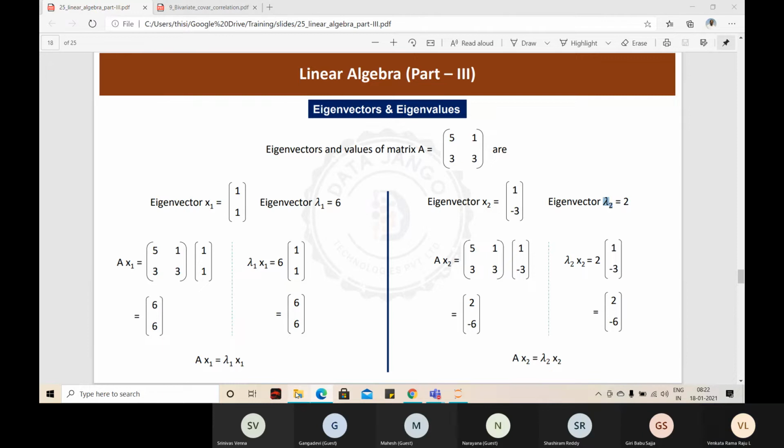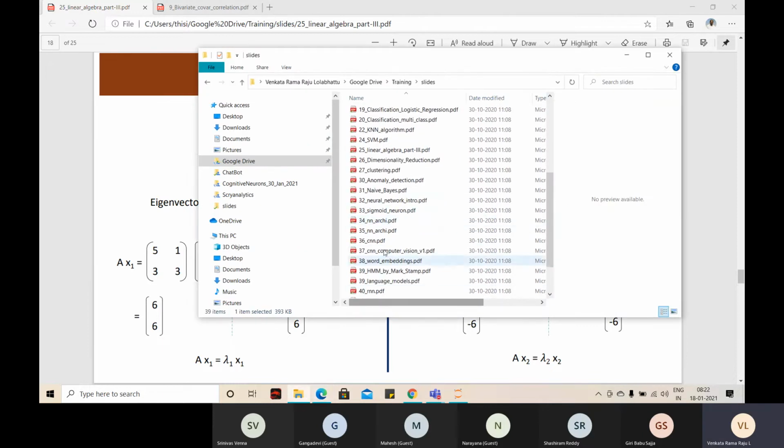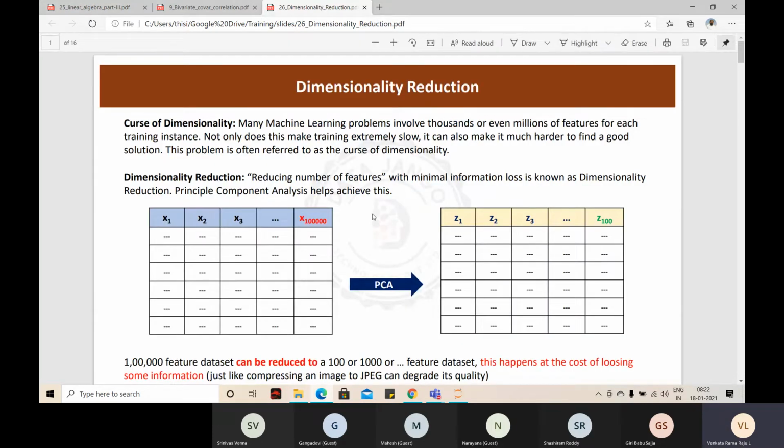So, this is the dimensionality reduction. Theoretically, we will understand today, and how to do it practically, we will see tomorrow. There is a concept called the curse of dimensionality in machine learning.